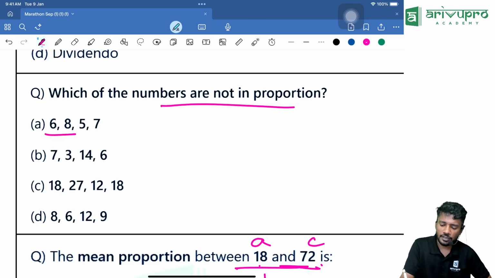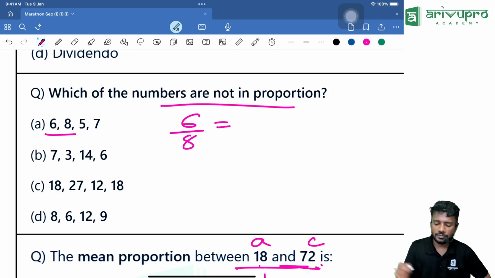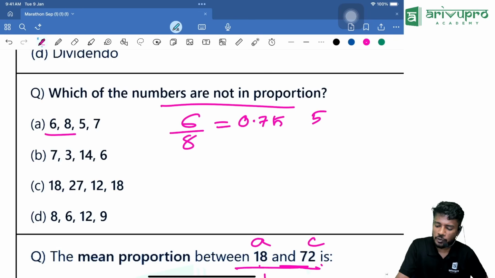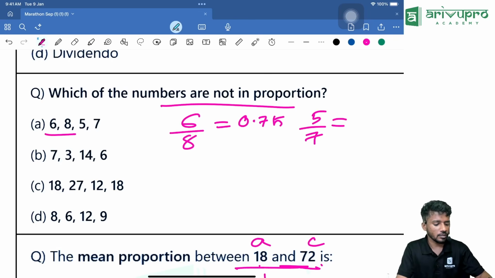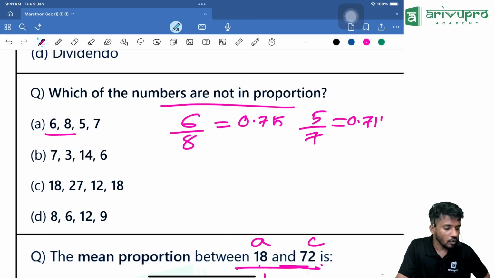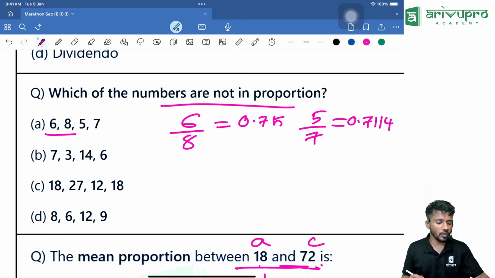For example, here 6 by 8. How much is it? 6 divided by 8 is equal to 0.75. Then 5 by 7 is equal to how much? 0.714. Now check the second one. 7 divided by 3 is how much? 2.33. 14 divided by 6 is how much? 2.33.